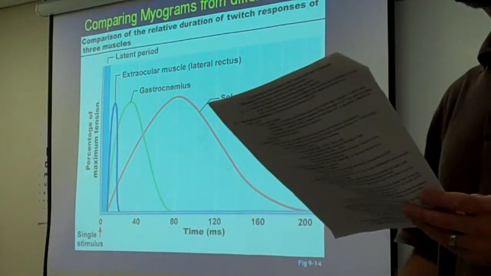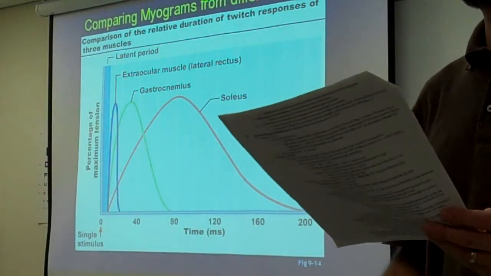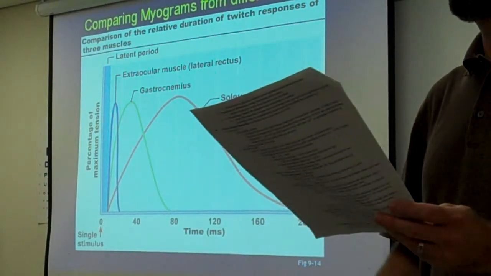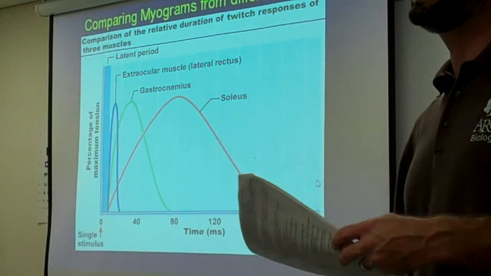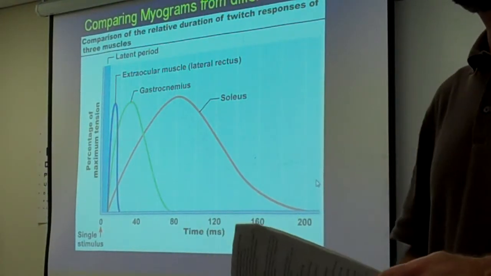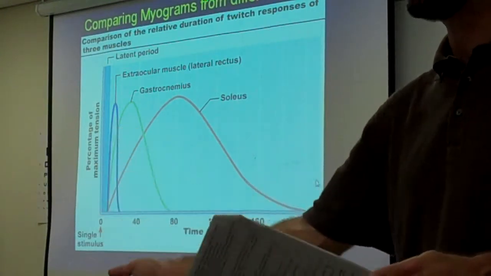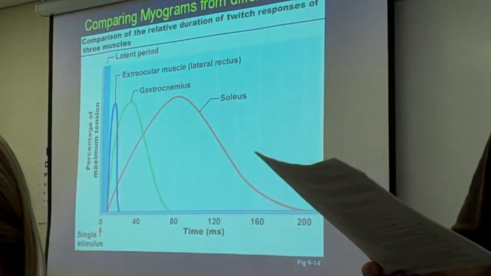It's bigger than the slow twitch. Produces more force. But it relies a little bit more on aerobic pathways than the fast twitch. So we call it fast, but oxidative. Fast oxidative.